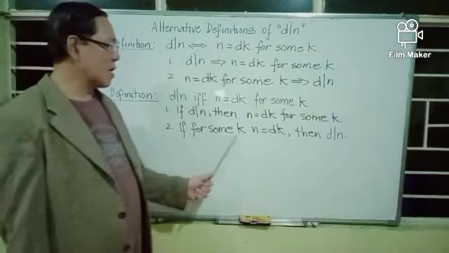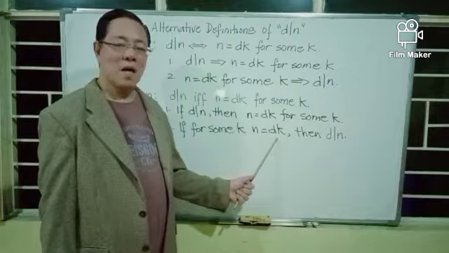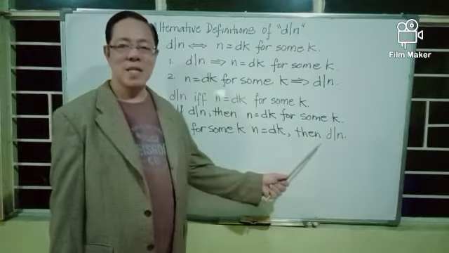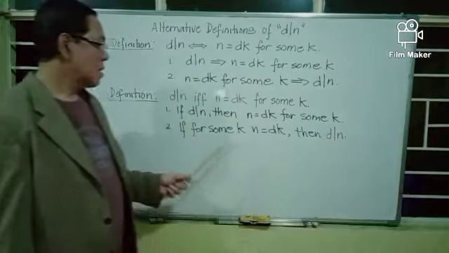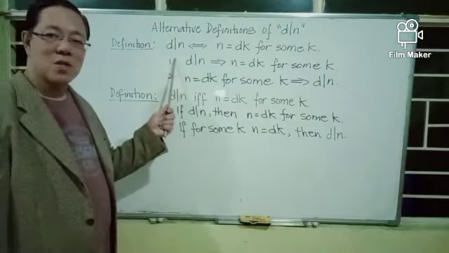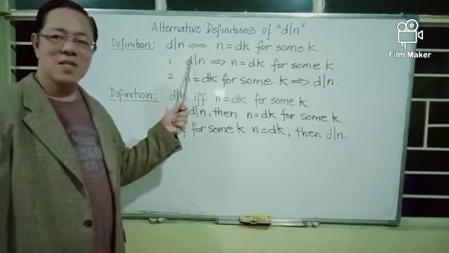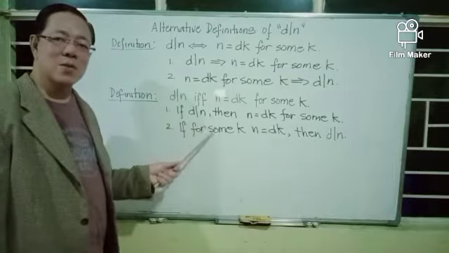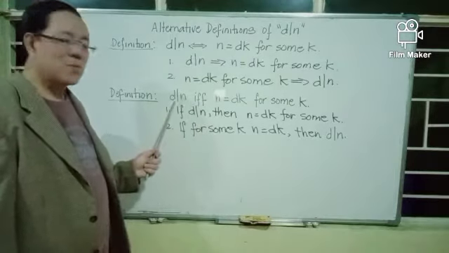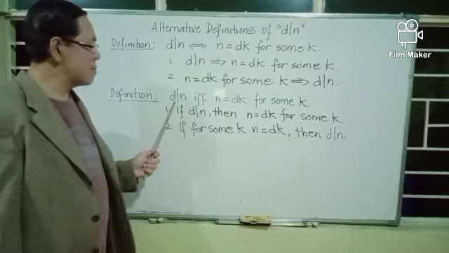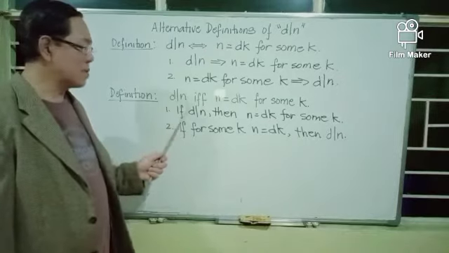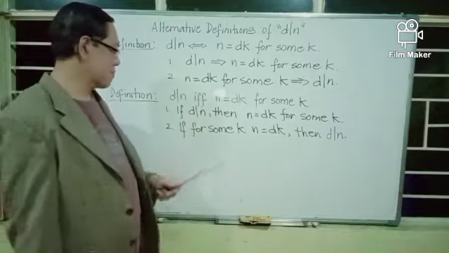If for some k, n equals b times k, then we conclude b divides n. And again, as in the double implication statement, we can combine these two statements and get this biconditional statement with if and only if.